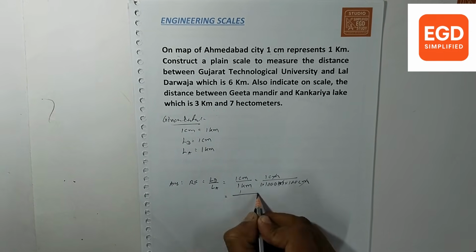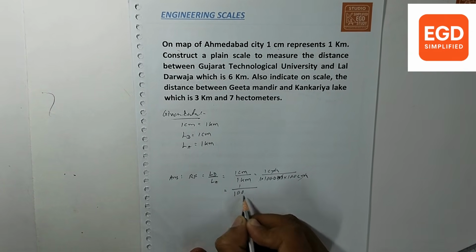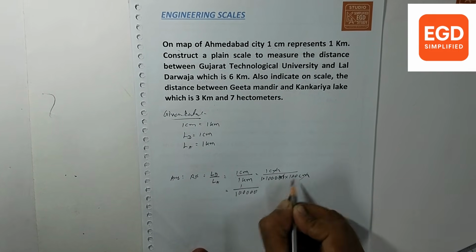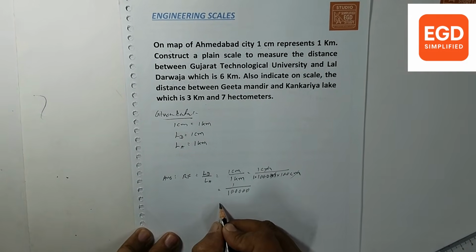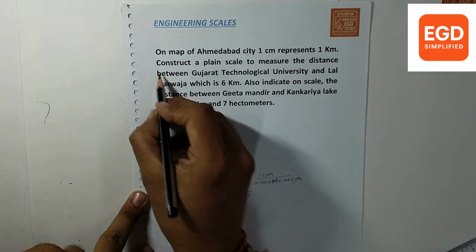Centimeter cancels, so it will be 1 upon 1 followed by 5 zeros. This is our RF. Now we will go further.